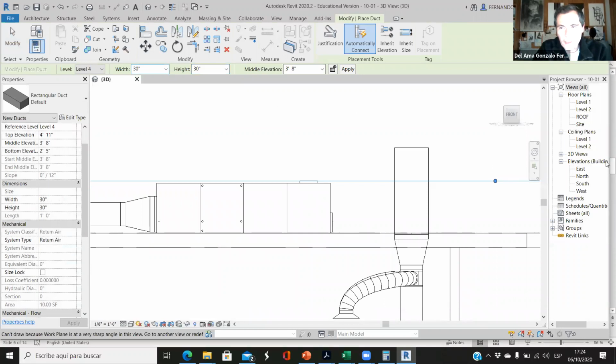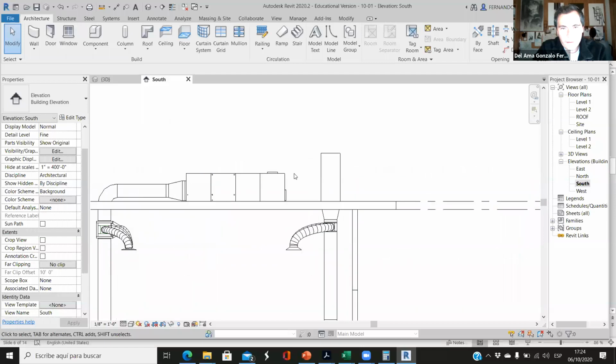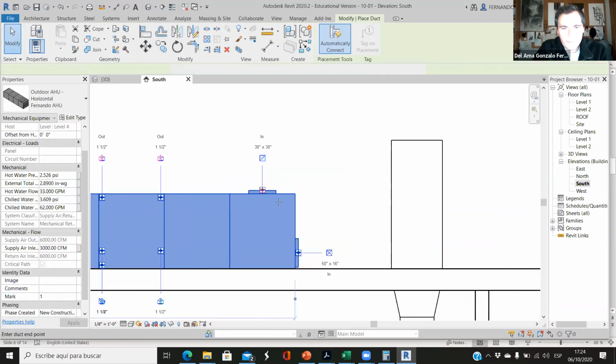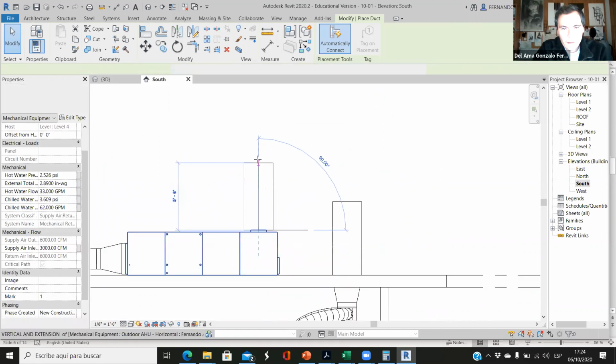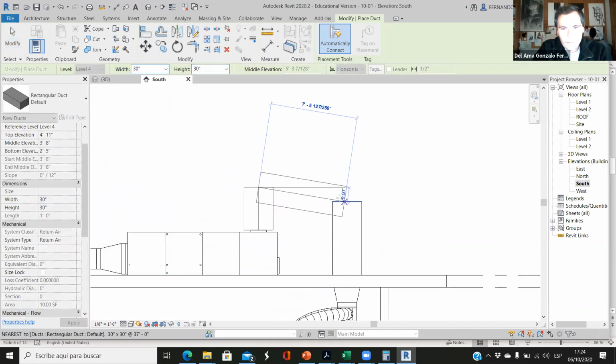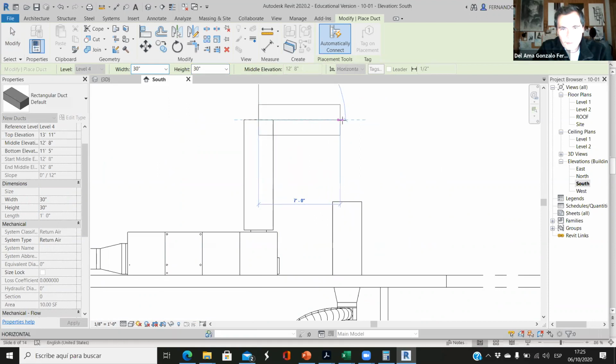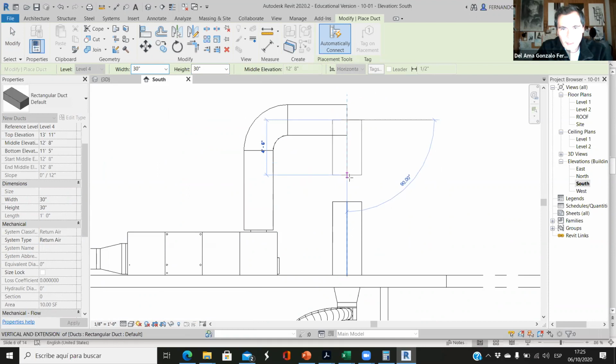I think if we use the elevation it will be better. So that would be the south elevation. So if I draw duct, I have to go up, then I have to go this way, and then that way.